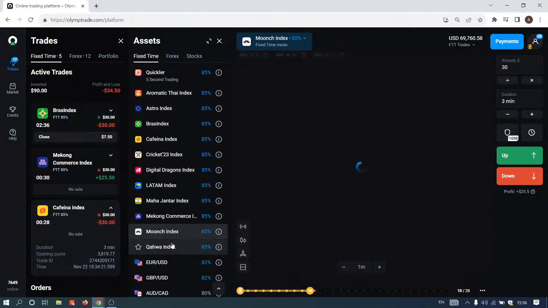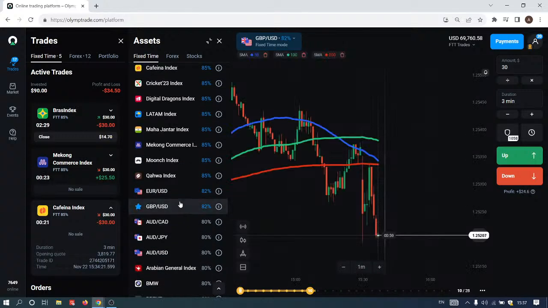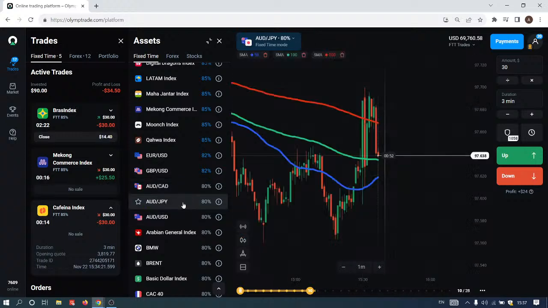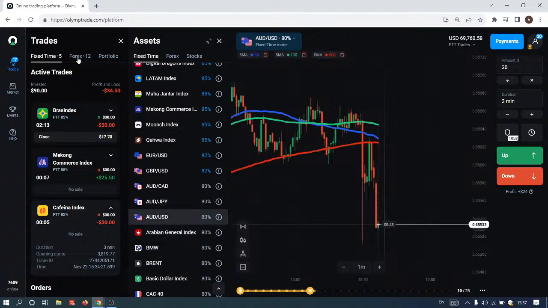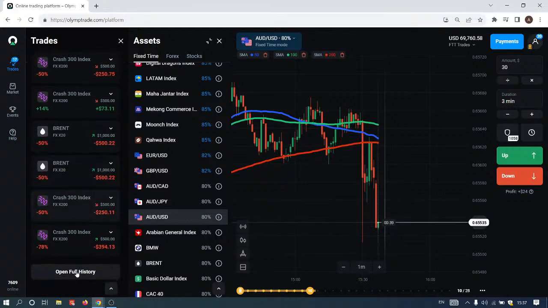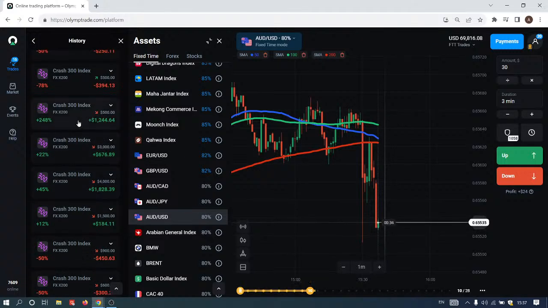But look, this index, with a good strategy, will be able to generate much bigger profits when traded on Forex mode rather than FTT mode. Because the main problem with FTT mode of trading is that your take profit always equals your stop loss size, right?